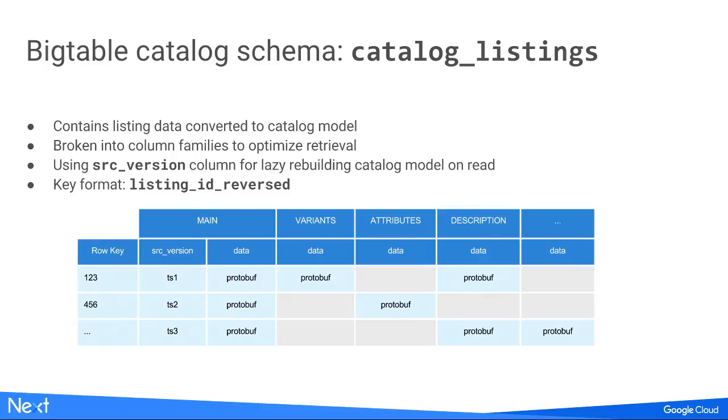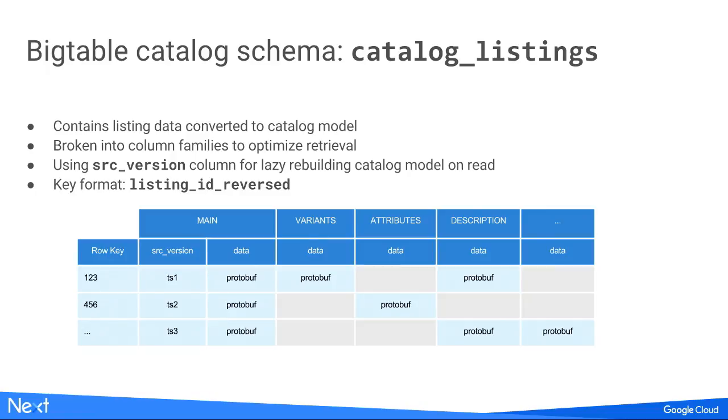We store the data in a separate table, and we chose protobuffers to represent that schema. We also break it up into fragments that we store across column families so that we can retrieve them separately for efficiency.